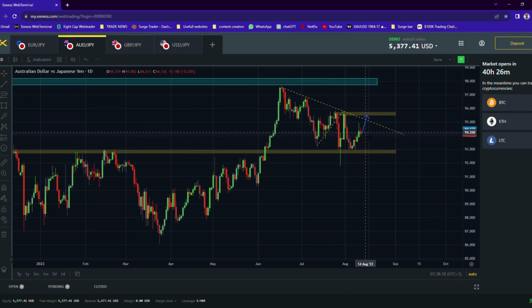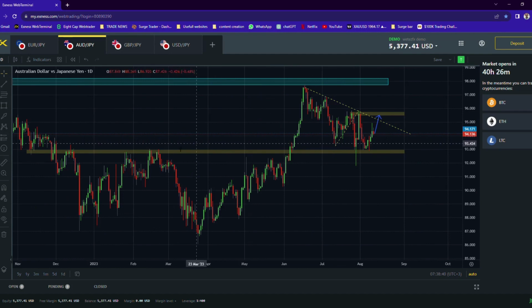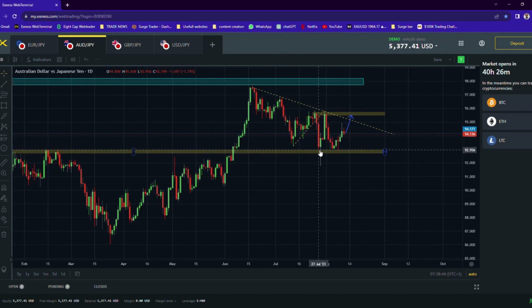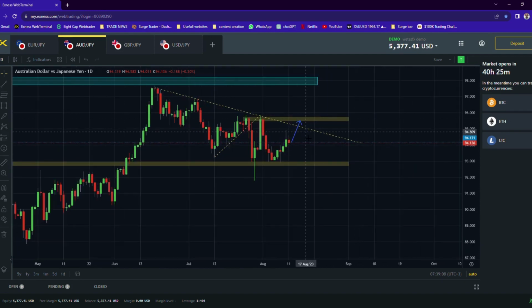We are looking at AUD USD trying to pull back up from the major resistance right there. It created a support during the previous week, and this week it came back to the support and created a new support right there. So it's a double bottom and we are looking at a push towards the trend line or the resistance that was created, and from there we'll see how the market reacts.